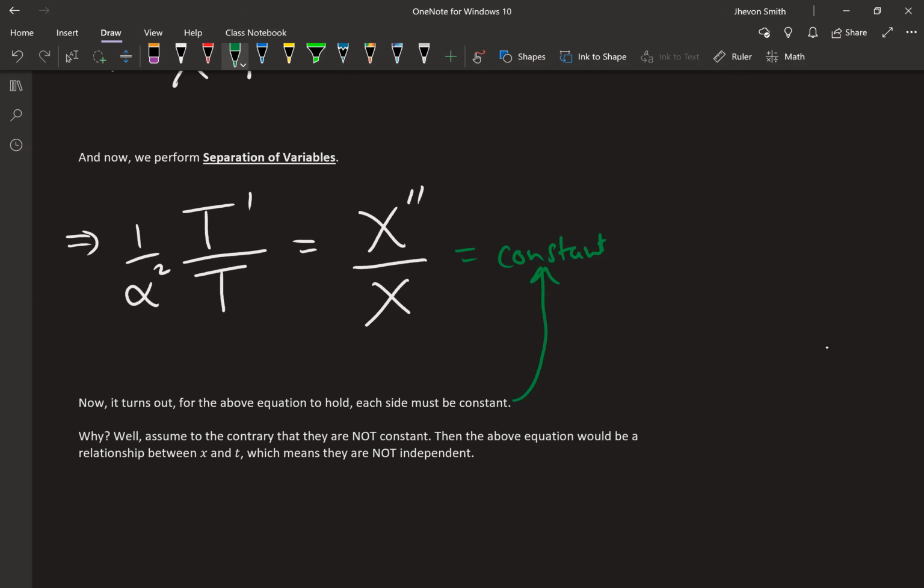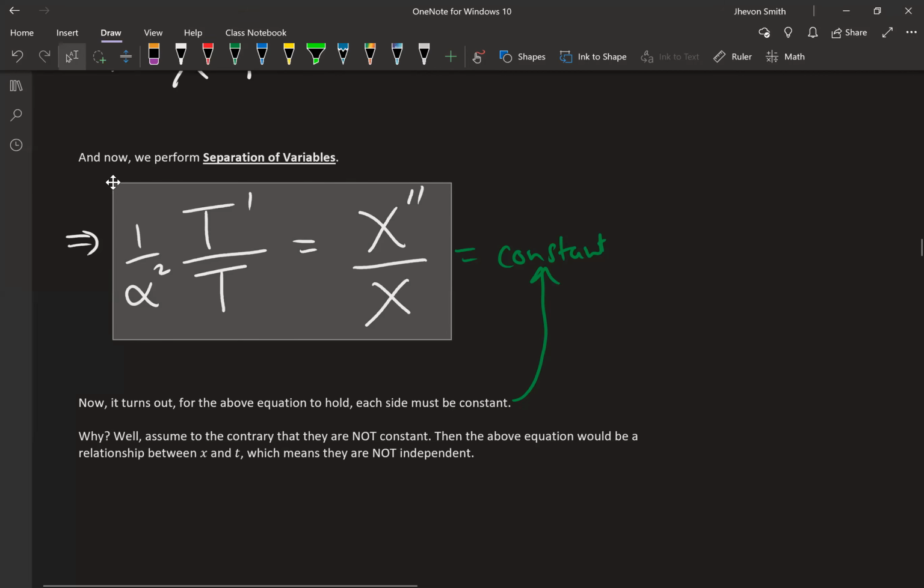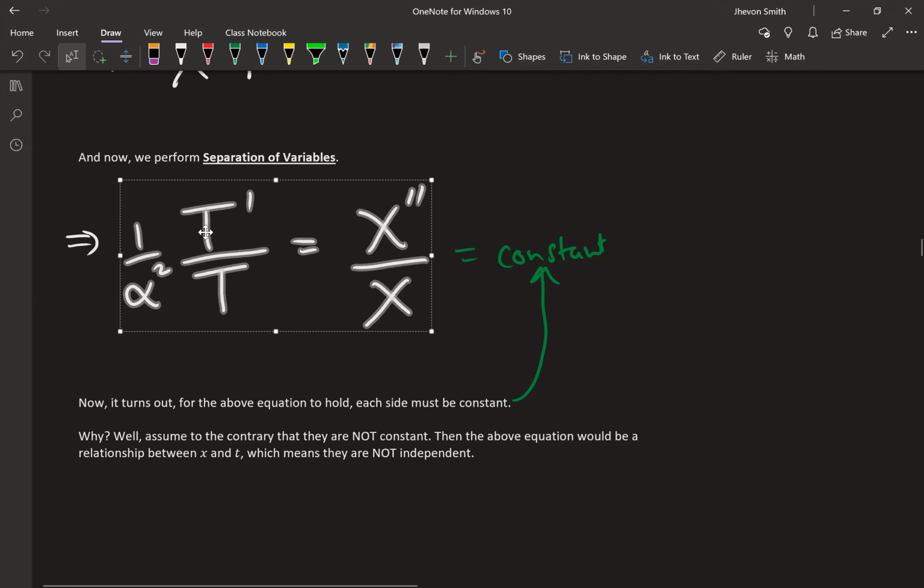Now you might say, well, why would I make that assumption? Well, pretend it's not a constant. What would that mean? There's an expression with little t's over here, and there's an expression with little x's over here, which means that if this is not a constant, I would have found an equation that actually connects little t to little x in a relationship.